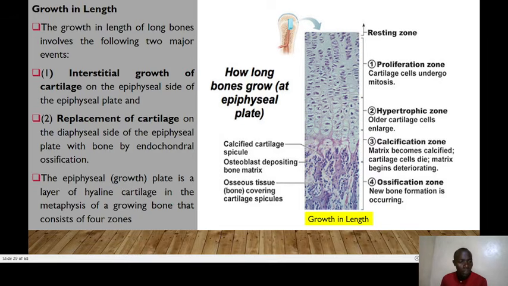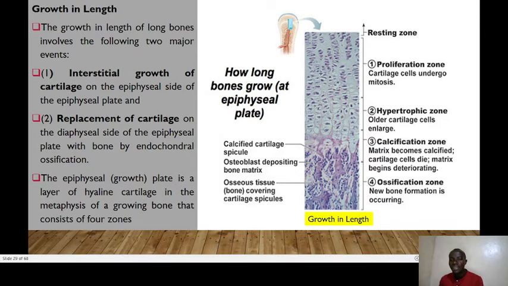The epiphyseal growth plate is a layer of hyaline cartilage in the metaphysis of a growing bone that consists of 4 zones. We have the resting zone, then the proliferating zone, where the cartilage cells undergo mitosis. Then you have the hypertrophic zone, where older cartilage cells enlarge.